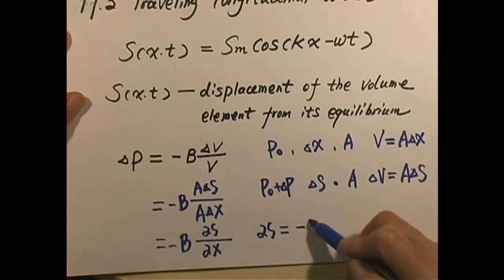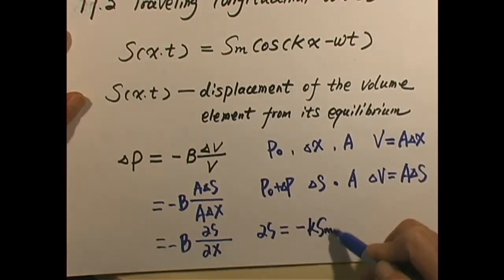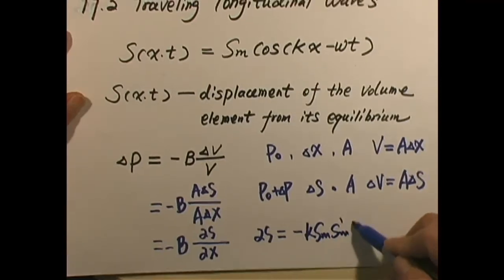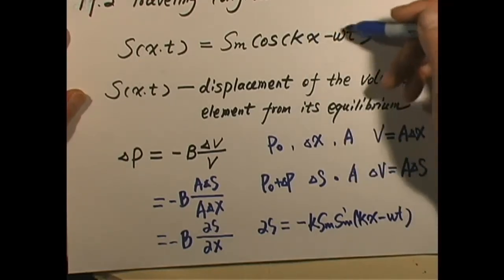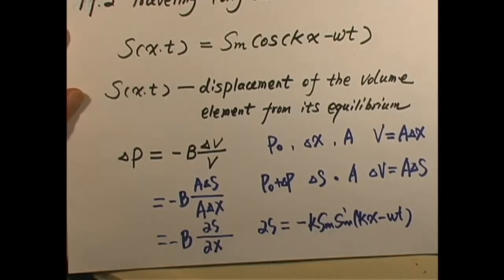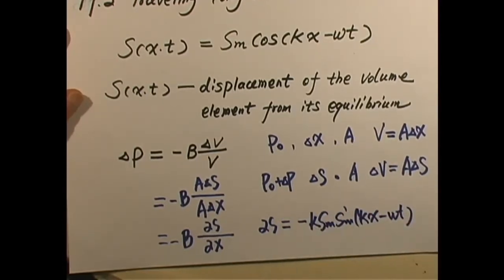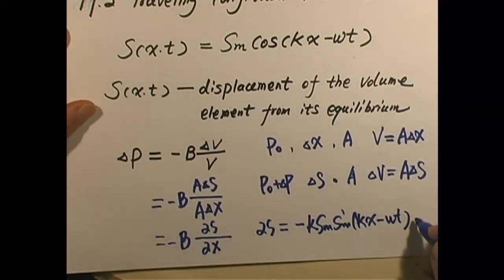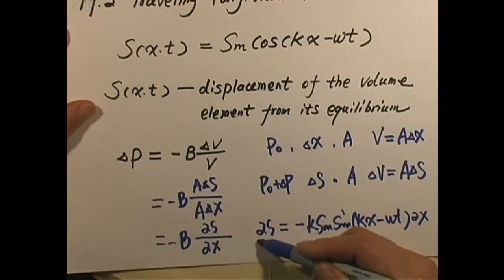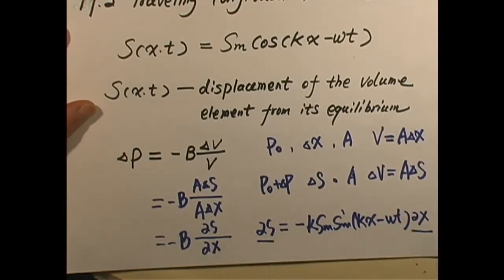So it's negative k S_m, cosine changed to sine, of kx minus omega t. Because when we differentiate minus omega t, that is constant, therefore it's 0. This is the result of partial S, and because it's against x, we have partial x here. Therefore, we obtain the ratio of partial S over partial x.